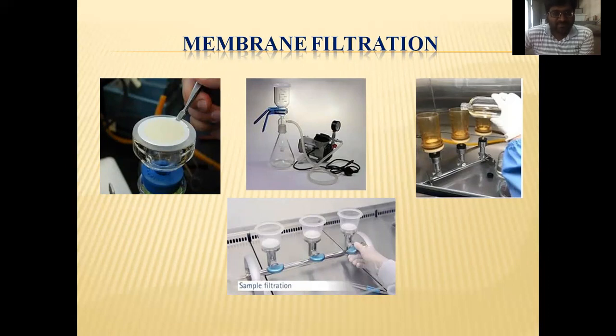The vacuum flask is connected to the vacuum so that it can suck the water from the sample container. The third and fourth pictures show the manifold, which is made of magnet, so you can test more than one sample at a time. So these are the pictures of the membrane filtration.